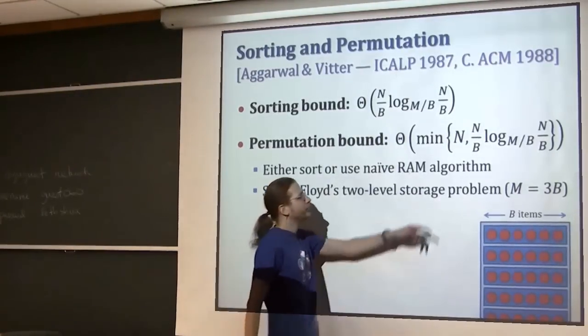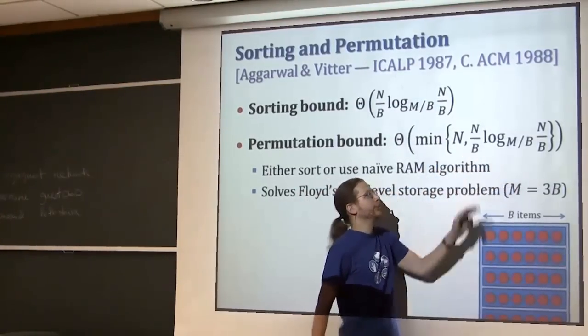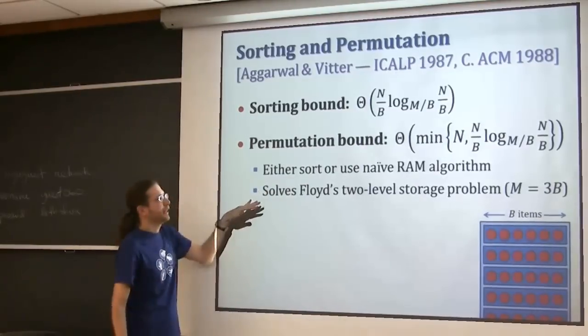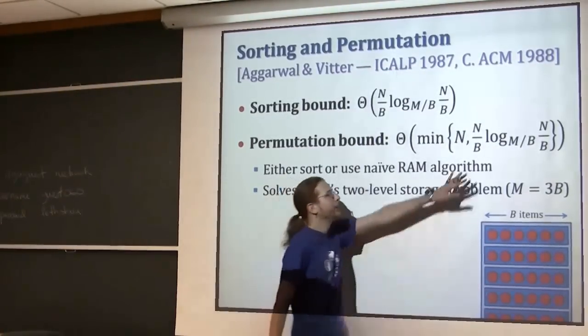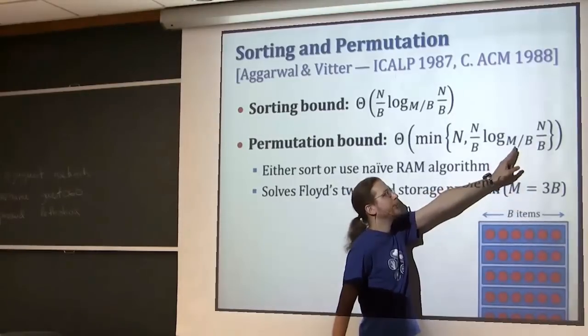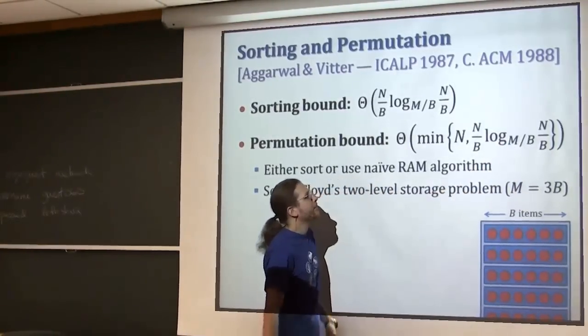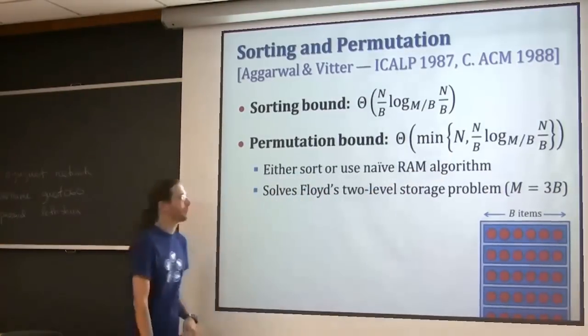So you could always do it, of course, in n memory transfers, and sometimes that is slightly better than the sorting bound because you don't have the log term. And so that is the right answer to Floyd's problem. He got the upper bound right. In his case, M over B is 3, so this is just log base 2. But he missed this one term.